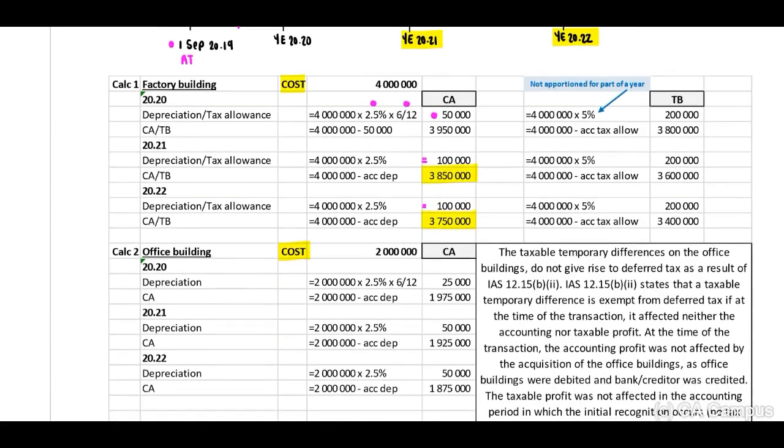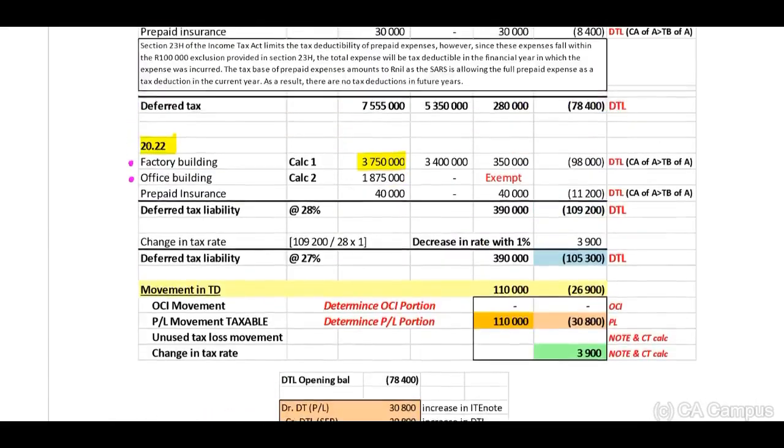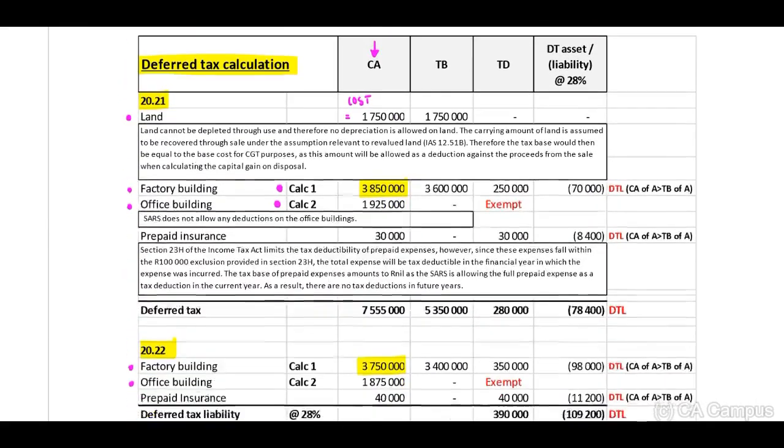Okay, now if we look at our land for 2021, the tax base. Now think with me. On the right hand side, we have a few rules. Rule number 1, your tax base of your asset will be the amount deductible in future against future economic benefits.